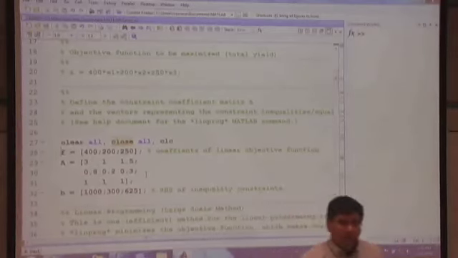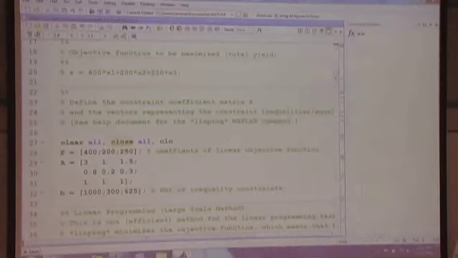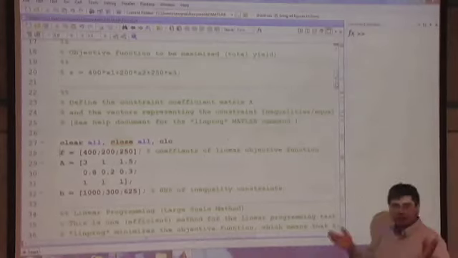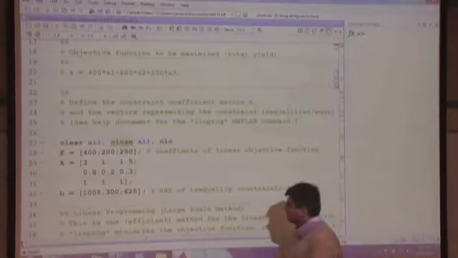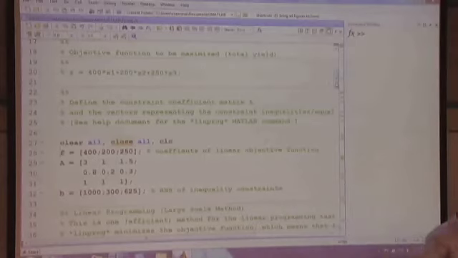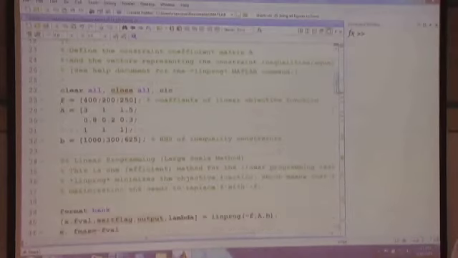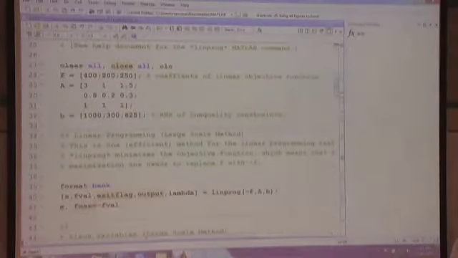Okay. And keep in mind, these are columns, right? So this is how you write a column in MATLAB. And this is a matrix 3 by 3. In this case, I have three constraints and three variables. And notice I don't have any x1 positive, x2 positive, x3 positive, right? So those are separate. Those are not treated as real constraints. Okay, and that's it basically.